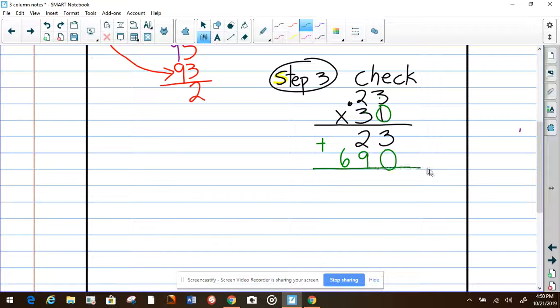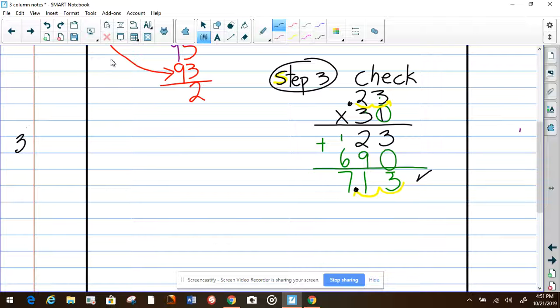So now we have two partial products. We're going to add up the partial products, which is 3, 11, carry 1 over, that's 7. Since we have two decimal places to the right, we have to have two decimal places to the left, which is where the decimal point should land. Now, this number doesn't equal our original number.